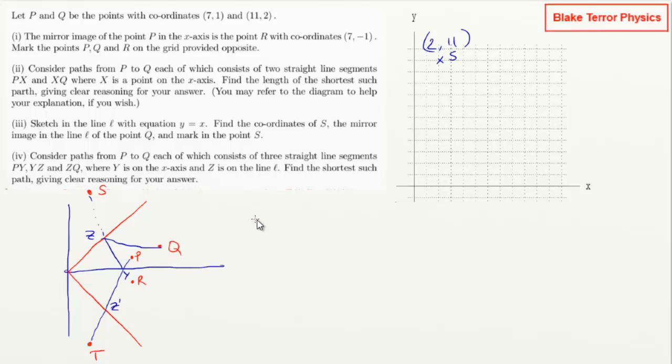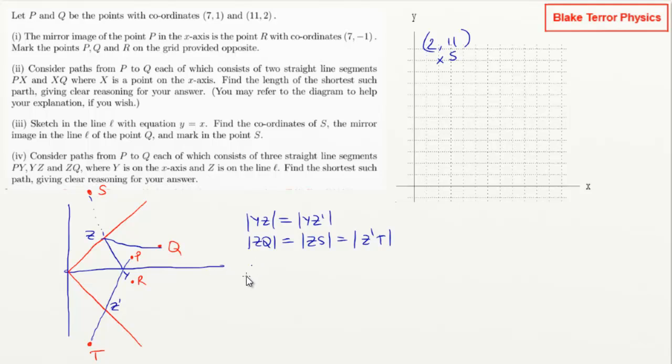So what I need to say on all of this is that the length of YZ is equal to the length of YZ prime, and that the length of ZQ is equal to the length of ZS, which is equal to the length of Z prime to T. So that's all good.